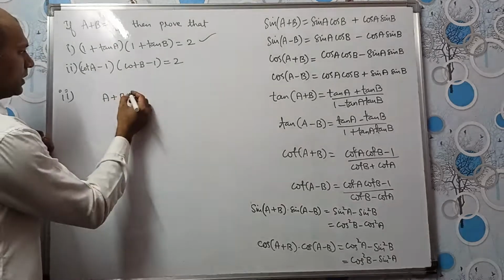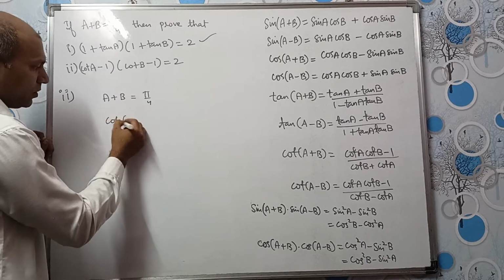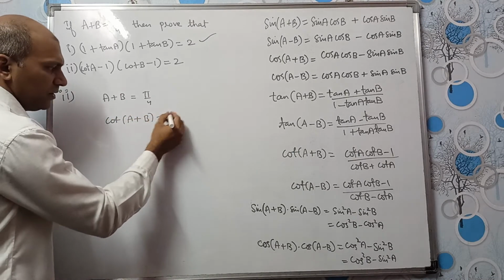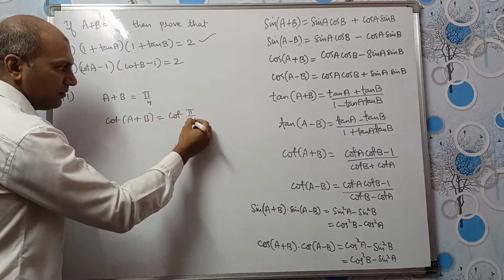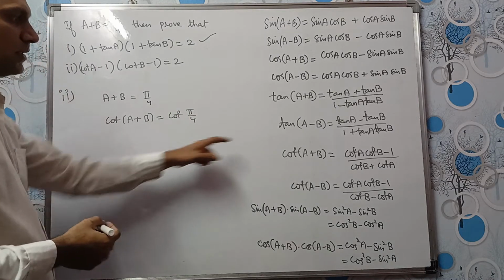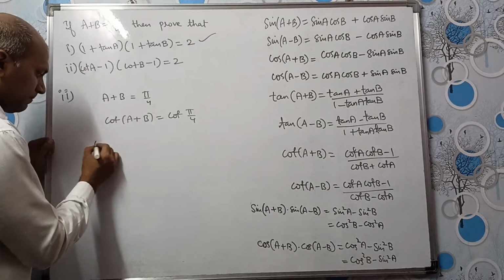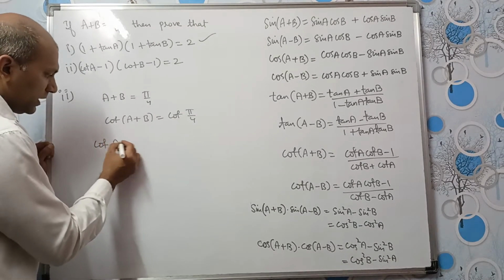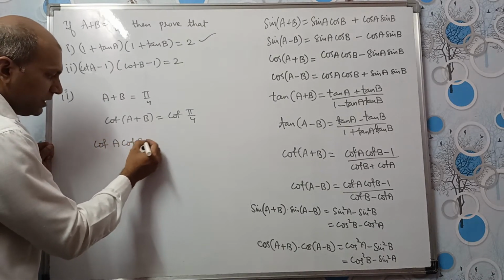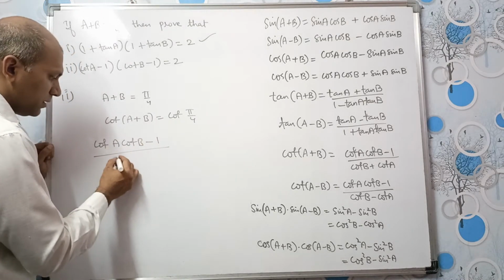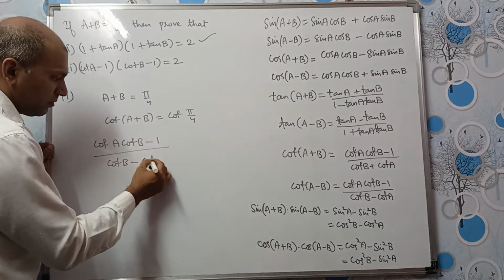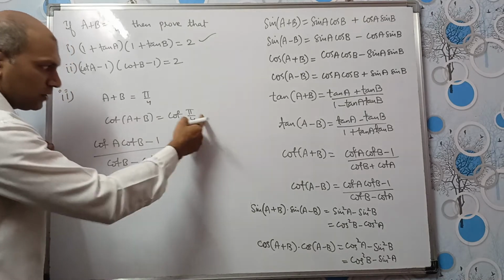But anyways, A plus B is pi by 4. Apply cot on both sides. Cot A plus B will be equal to cot pi by 4. Cot A plus B formula: cot A cot B minus 1 by cot B plus cot A.